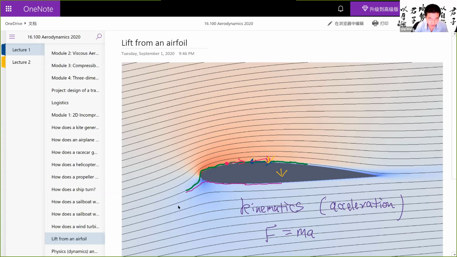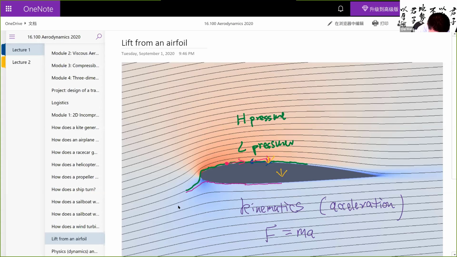So then you know that when the streamline curves downwards, you have different pressure. You have higher pressure regions upward, and you have low pressure regions downward.